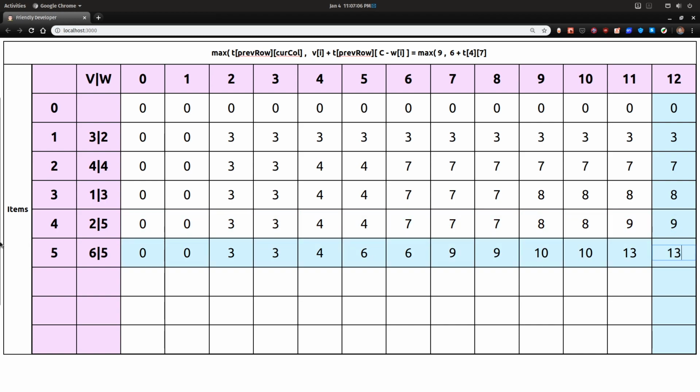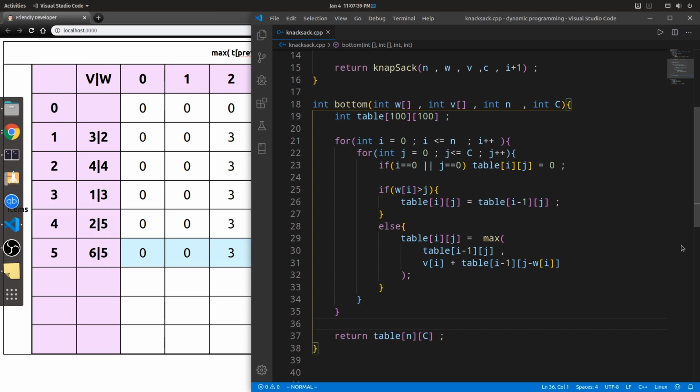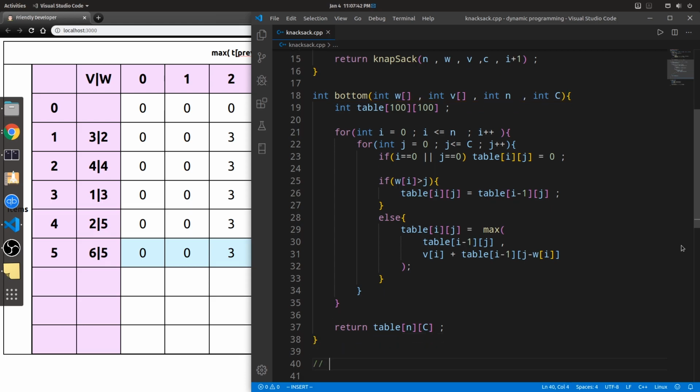Item 5 we have excluded if the value is the same, because only when we have excluded the item can the value remain the same. Otherwise, by including the item, the value would have increased. Since here we can see that 13 is not equal to 9, that just means we have included item 5.